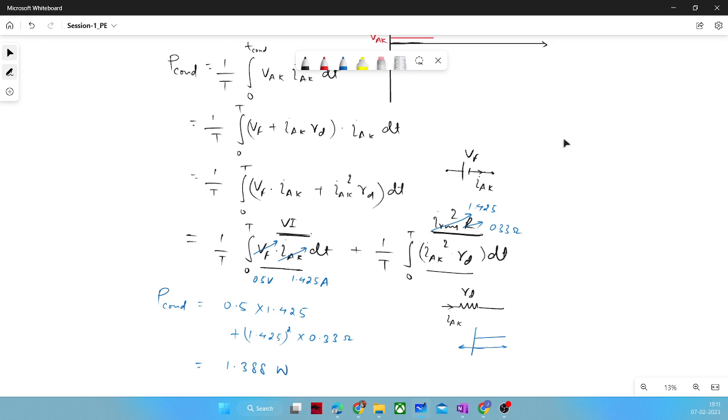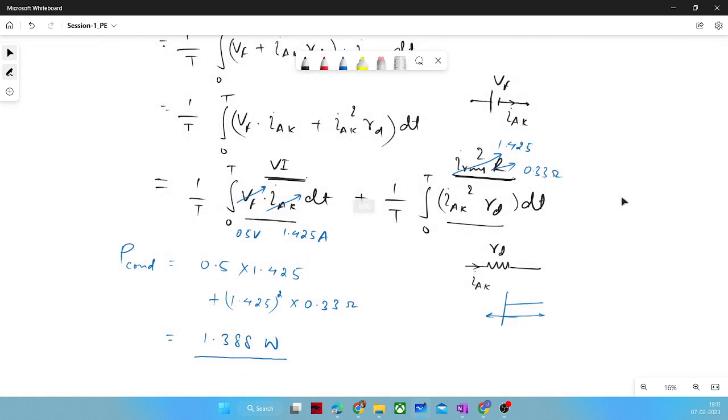And one very important point: why do we generally care about switching loss in switches in power electronic devices? When we were deriving the power loss during the on transition, only for switching loss, it was 250 watt. I hope you can appreciate that the conduction loss, 1.388 watt, is so low compared to 250 watt.